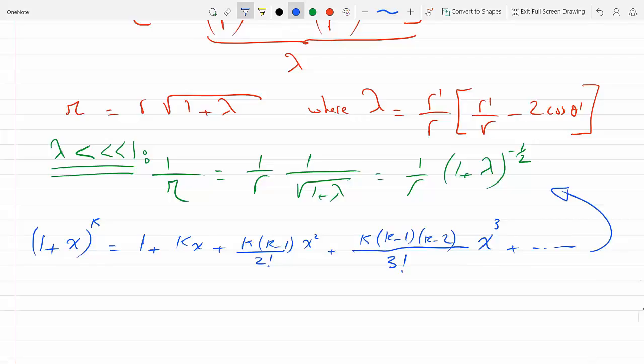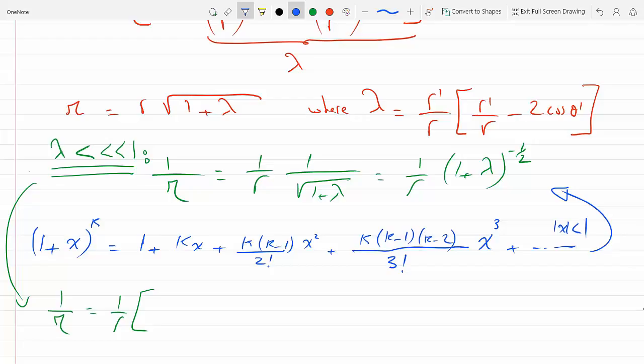So I could apply this on that guy. I will get 1 over my separation vector will just be 1 over r. In our case, k is minus half and x is lambda. And by the way, this works when x is a lot less than 1, otherwise it diverges.